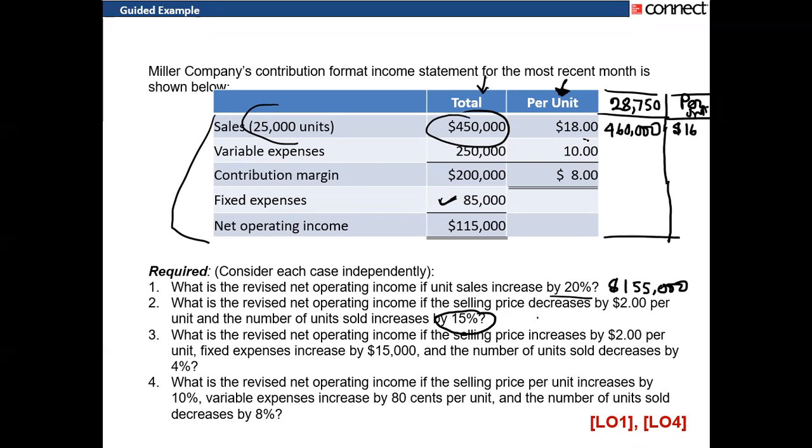And there has been no information given about the variable expense. So we assume that variable expense is same as before, $10. So how can I find out the variable expense? Should it be simply 287,500? Is it okay? Or do you expect any changes in variable expense for the changes in selling price?